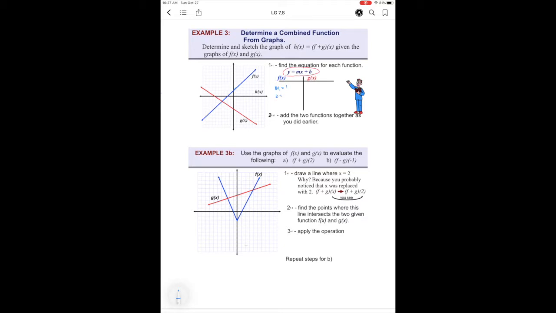And the b, which is the y-intercept, is at 2. So we know that the f function is x plus 2. Now when we do the g function, again we look at the slope, and it drops over 2, so it's -2/3, and the b is -4, so we put that together and we get that.